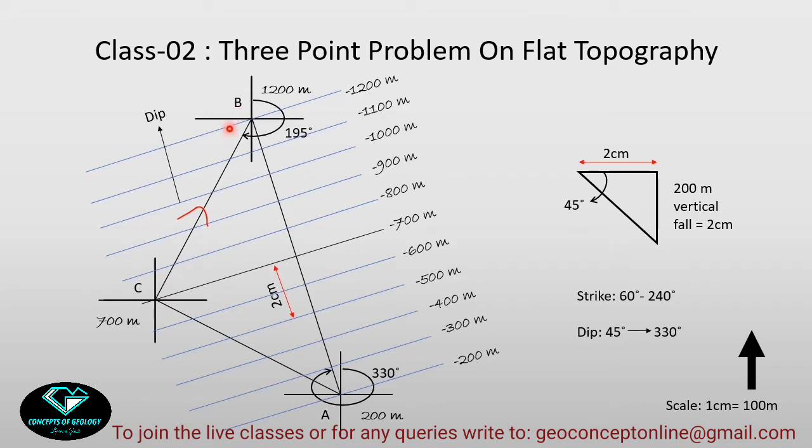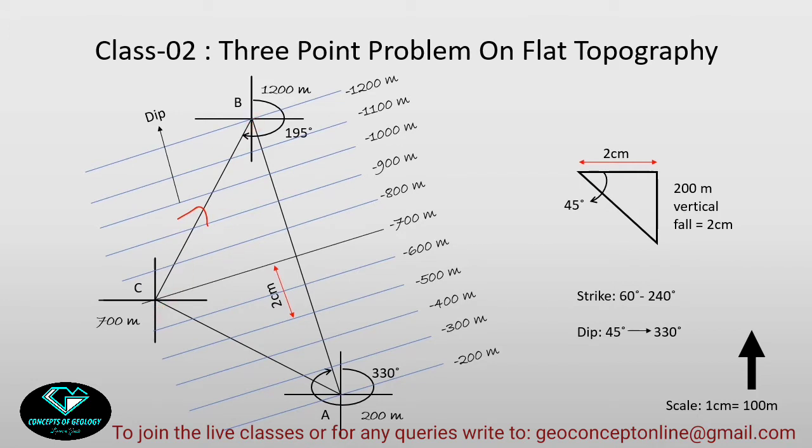So I need to convert this back bearing value into a forebearing value. The relationship between back bearing and forebearing is that they differ by 180 degree. So if the back bearing from C is 15 degree, then the forebearing from B towards C will be 15 plus 180 degree. That means 195 degree will be my forebearing from B towards C.